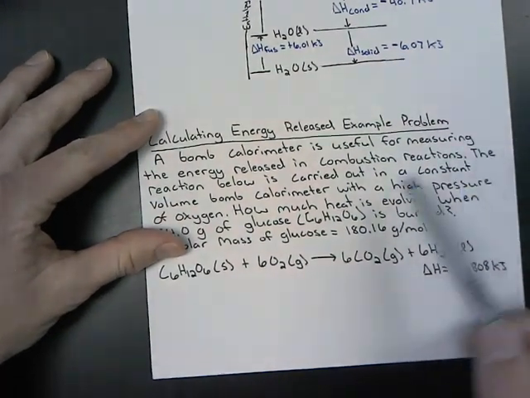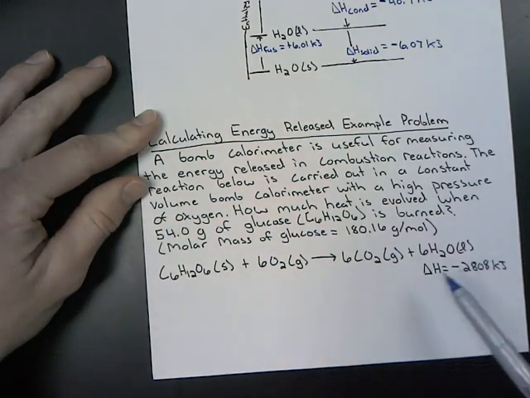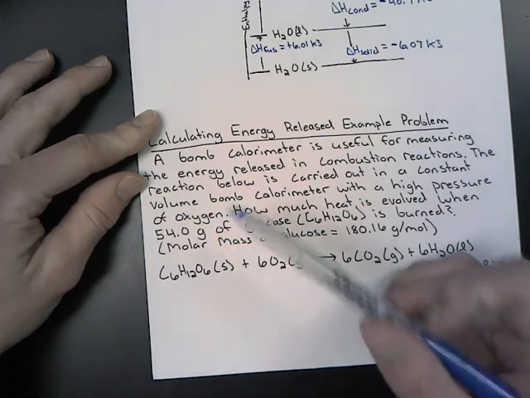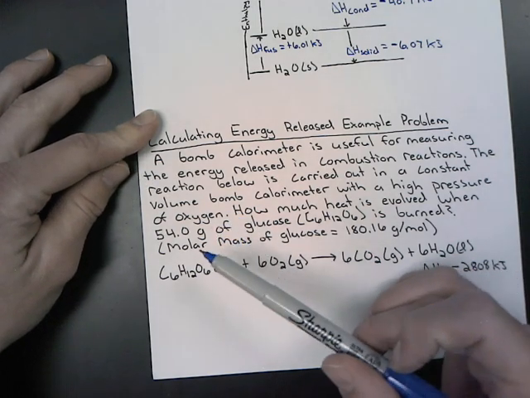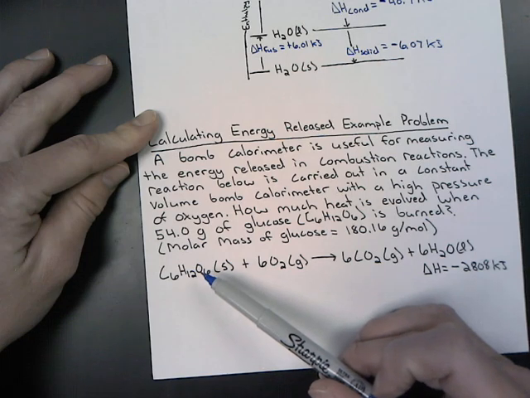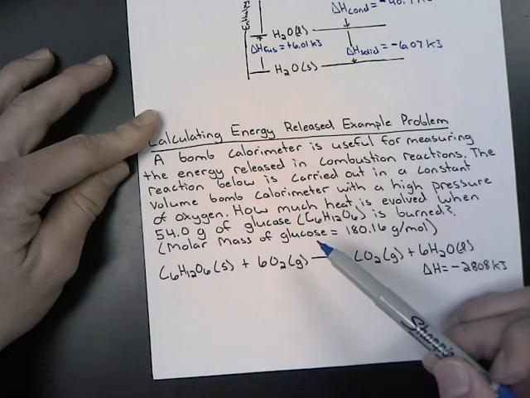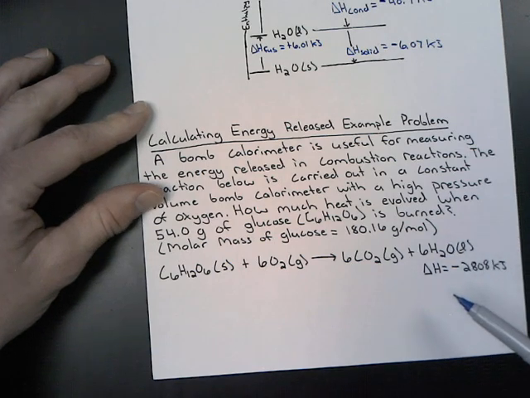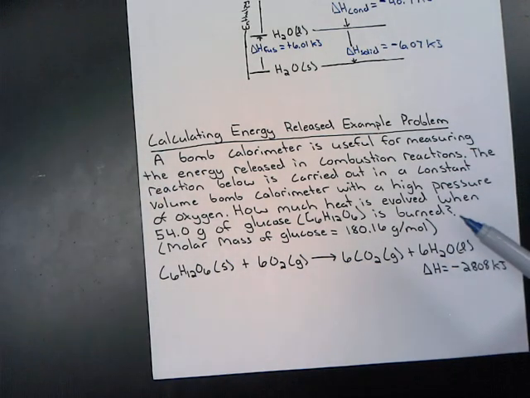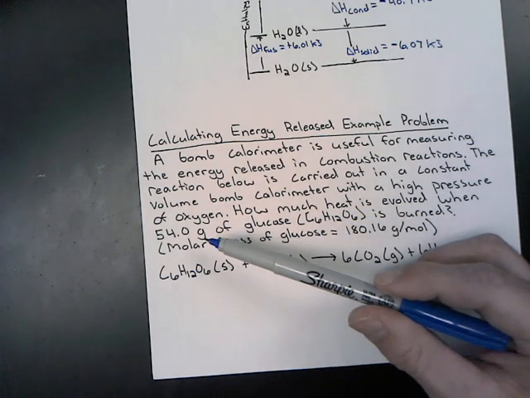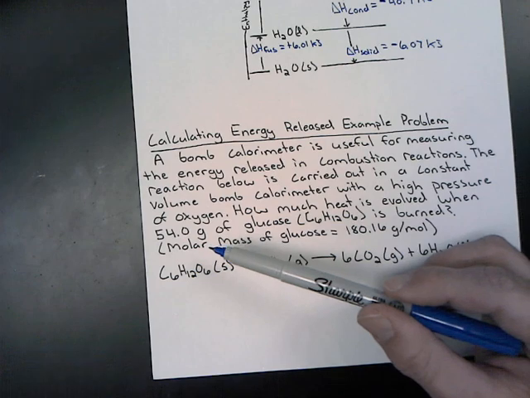Anyways, we have this reaction right here that's listed. We have it occur in plenty of oxygen, but we have 54 grams of glucose, this stuff here I'm pointing at. We have it produce this much heat, or what we're trying to find out, I should say, is we want to know how much heat is in this 54 grams of glucose.